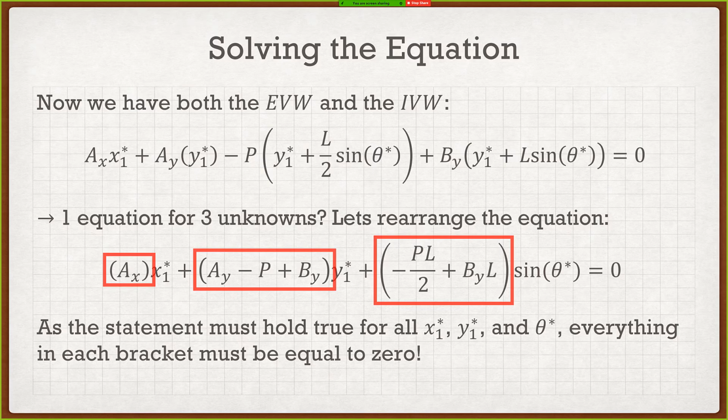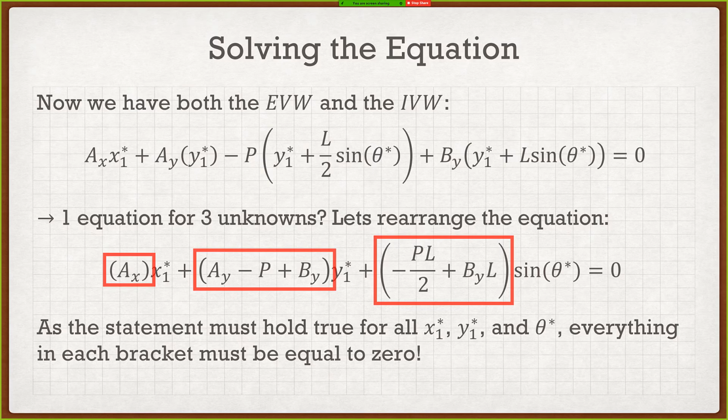Now, the best way to check if you are on track is to look at each one of these expressions. It's exactly the same as if you were to do it in Eng 130. Looking at the first one, we have AX is equal to 0. That's the same as taking the summation of the forces in the horizontal direction. The second expression, AY minus P plus BY, is the exact same expression as sum of the forces equal to 0 in the y direction.